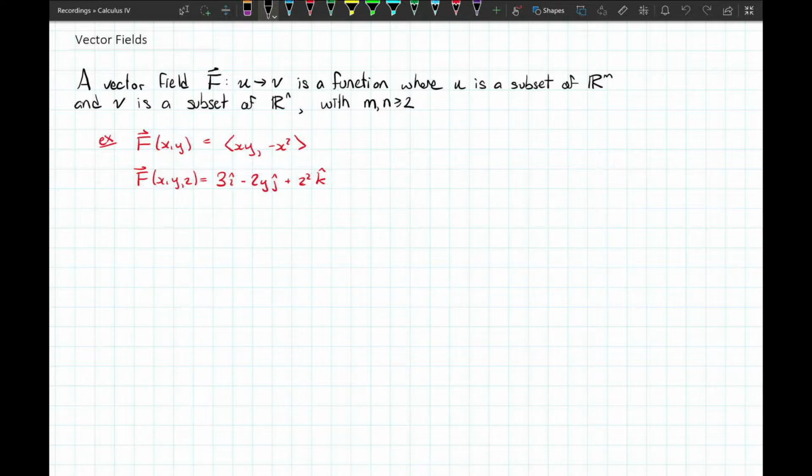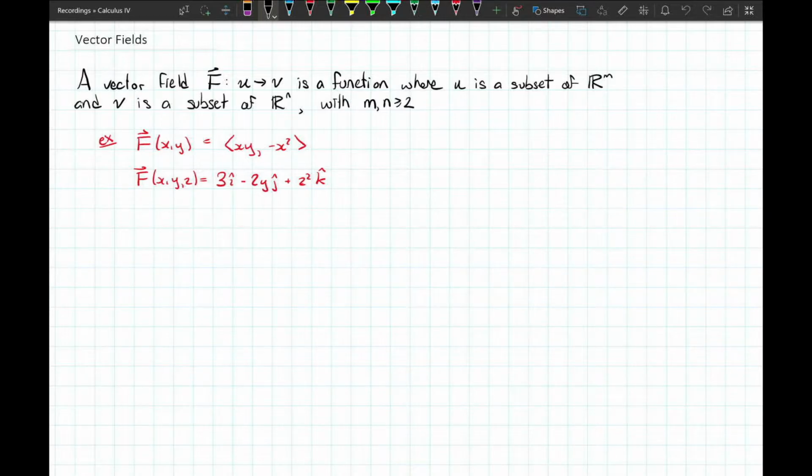Now remember, with this definition, it is free to actually have a function of 3 variables give you a vector with 2 variables potentially. But in many scenarios, we'll probably be thinking about 2-dimensional points with 2-dimensional vectors and 3-dimensional points with 3-dimensional vectors. Now, how do we graph these things?